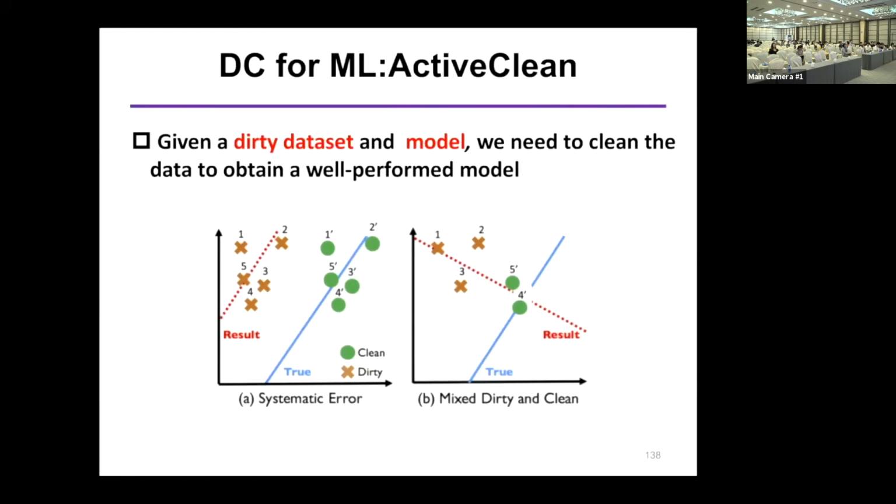And the second figure answers the question of whether we can just clean a part of the data and then train a model. The answer is no. For example, if we just clean the 4th and 5th data objects, we can see that the red line and the blue line are still very different, so the blue model cannot perform well.